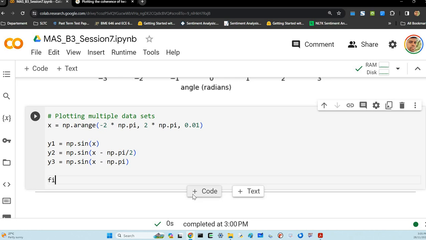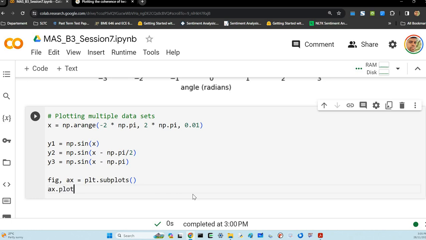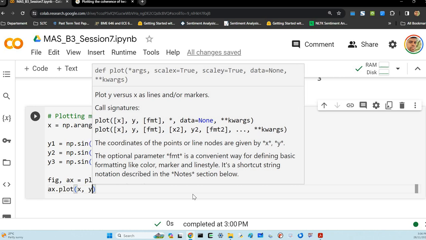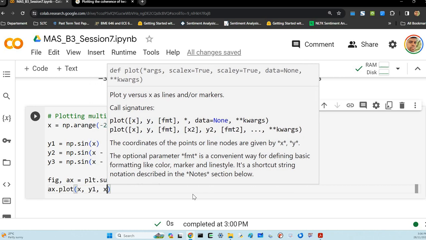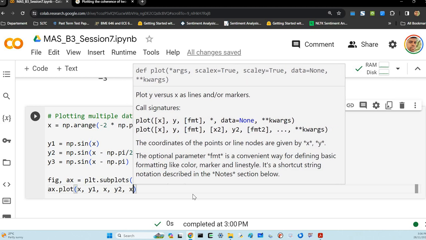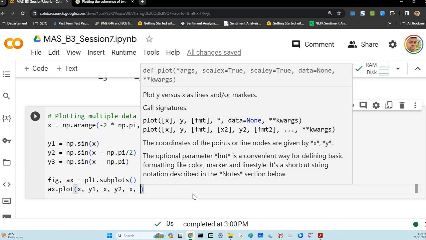The same command we will have separately, figure and axis labels, subplots. Then axis dot plot x, y1, x, y2, x comma y3.